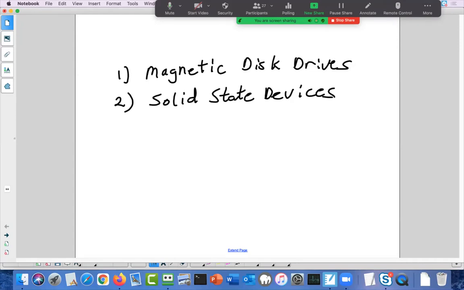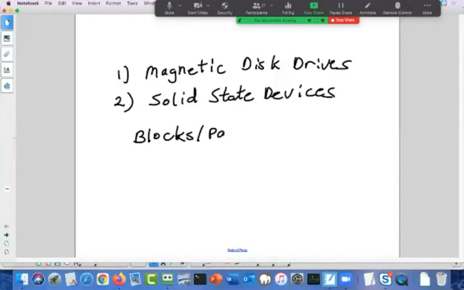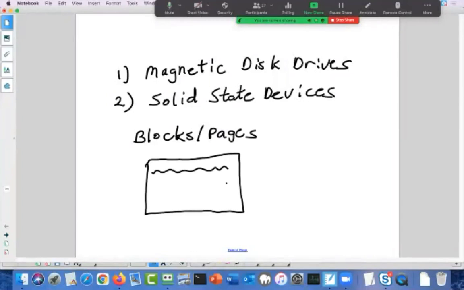Both magnetic disk drives and solid state devices essentially store rows into blocks. Now, solid state devices might call them pages. Whether they're called blocks or pages is really immaterial. The point is that you have some conceptual block, I'll call it block, that has some number of rows in it.